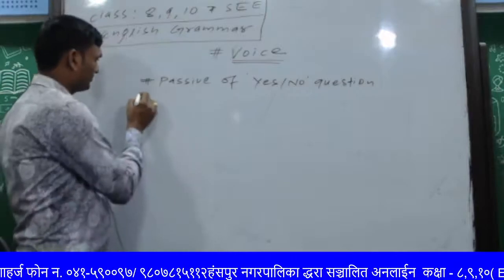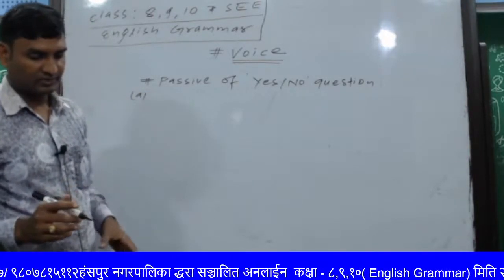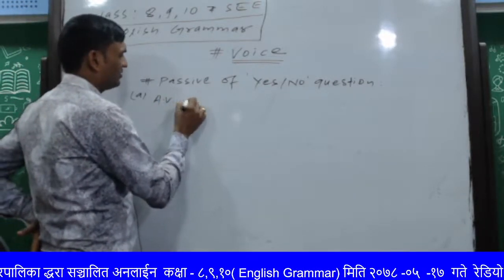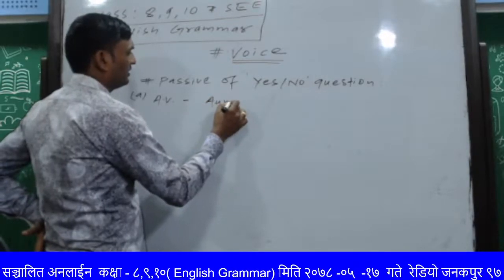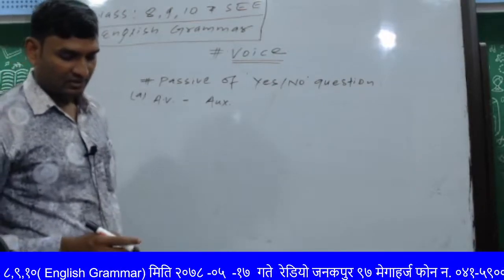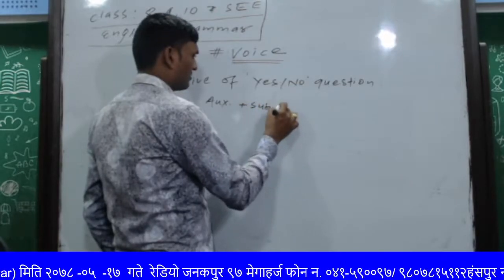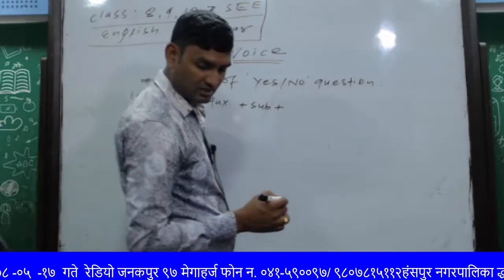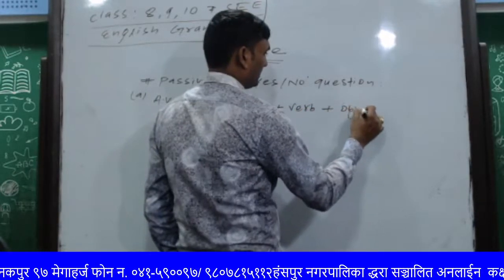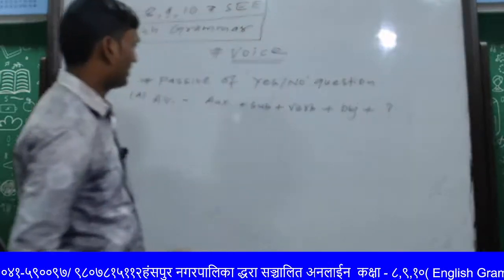Number A is here. In active voice, AV, this is a question, so auxiliary, AUX. AUX means auxiliary verb. Then auxiliary plus subject. After auxiliary, subject. Then after subject, verb plus object. Then this one is the yes no question, it means at the end a question mark.